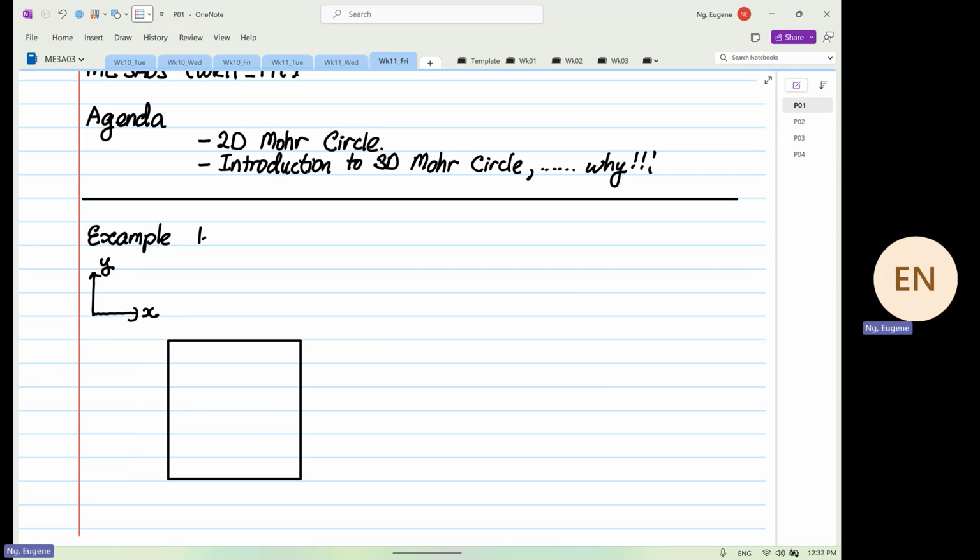So on our X, we have a normal stress going out at 100 megapascal. And then in the Y direction, we have it at 60, or maybe I make it 40 megapascal.